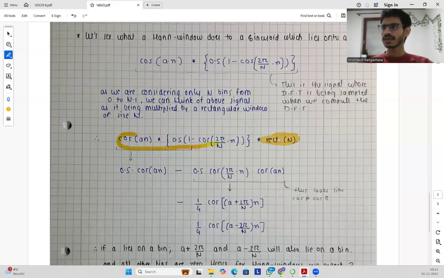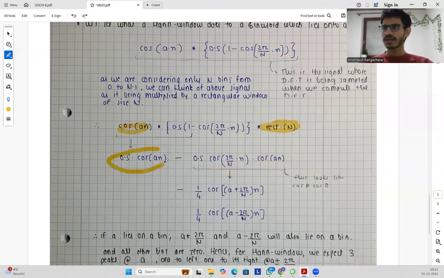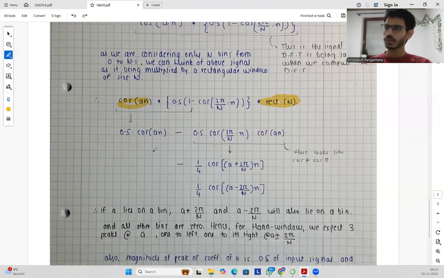What happens with this signal is that cos of An is getting multiplied by half. So it's half of cos of An minus half of cos of 2 pi by N times n. Basically, this contributes a half magnitude of the original signal.